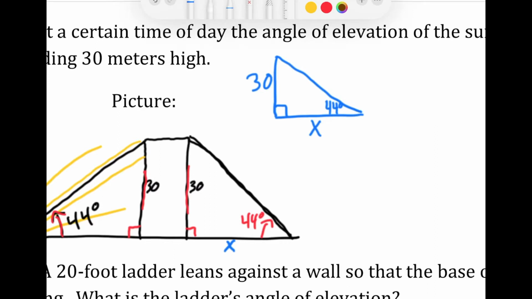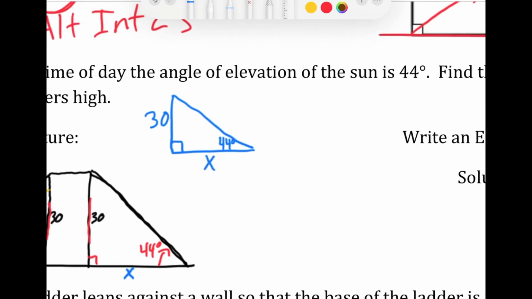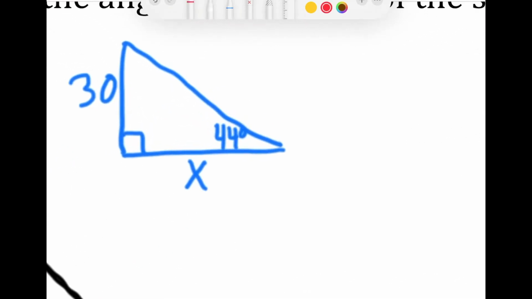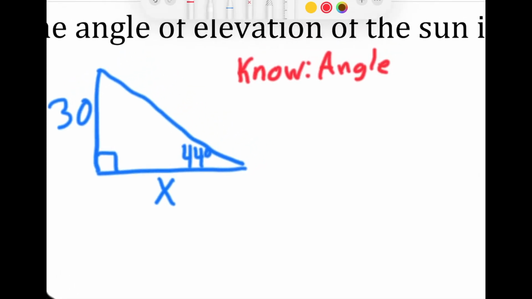Which trig function are we going to use? And then solving it. So we have our angle, so we know our angle. We also know the opposite side of the triangle.